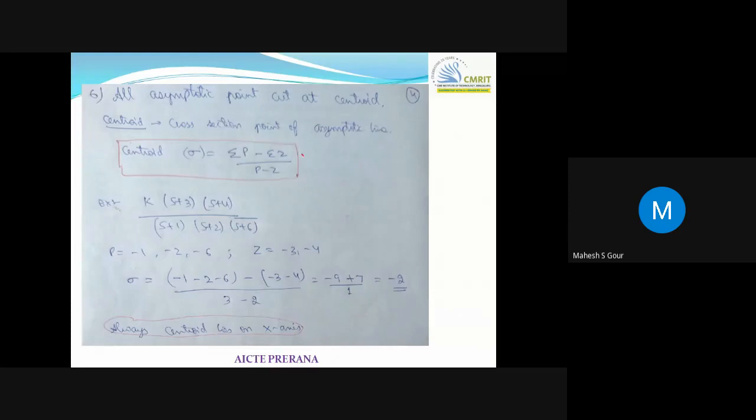Write down the formula for the centroid: the summation of poles minus the summation of zeros by P minus Z. Copied? Have you written down the formula?